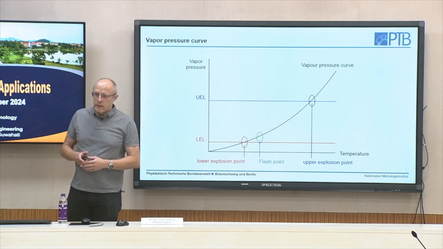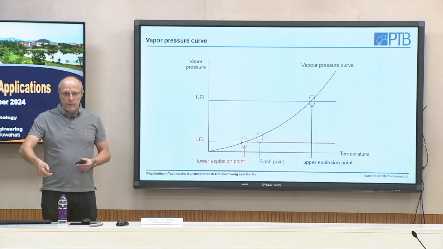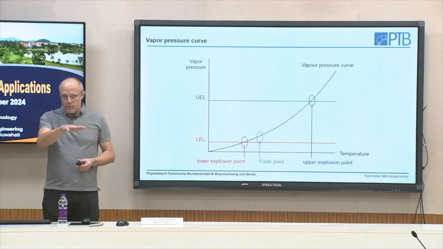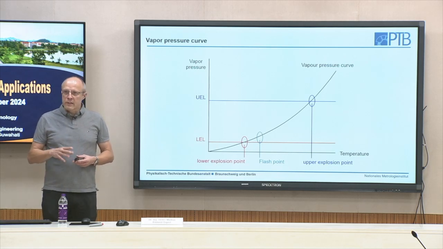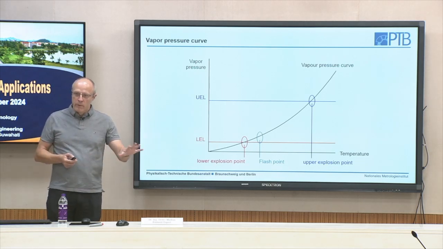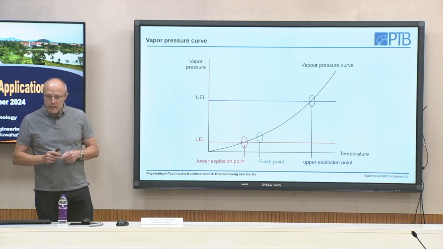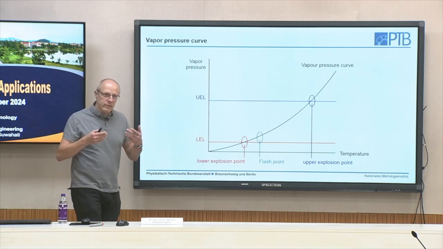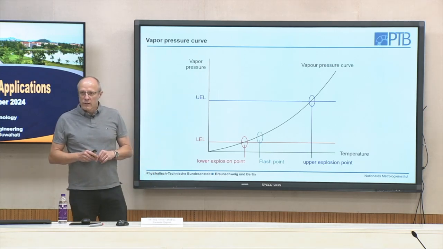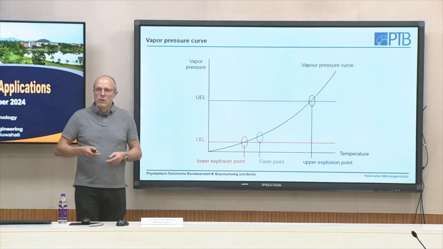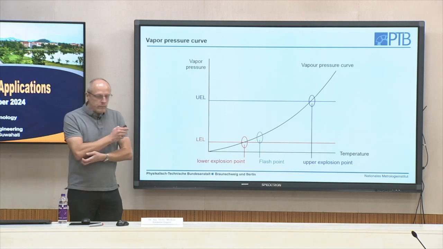Flashpoint means you ignite the gas atmosphere above your liquid phase and check whether there is a stable flame on top of this liquid phase. And this of course depends on temperature or vapor pressure. The higher the pressure, the more combustible gas you have above the liquid surface.